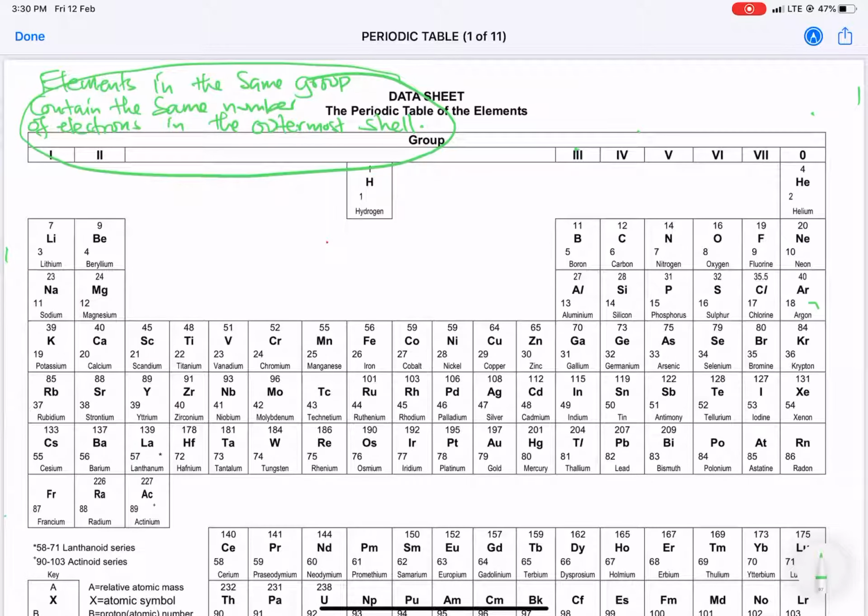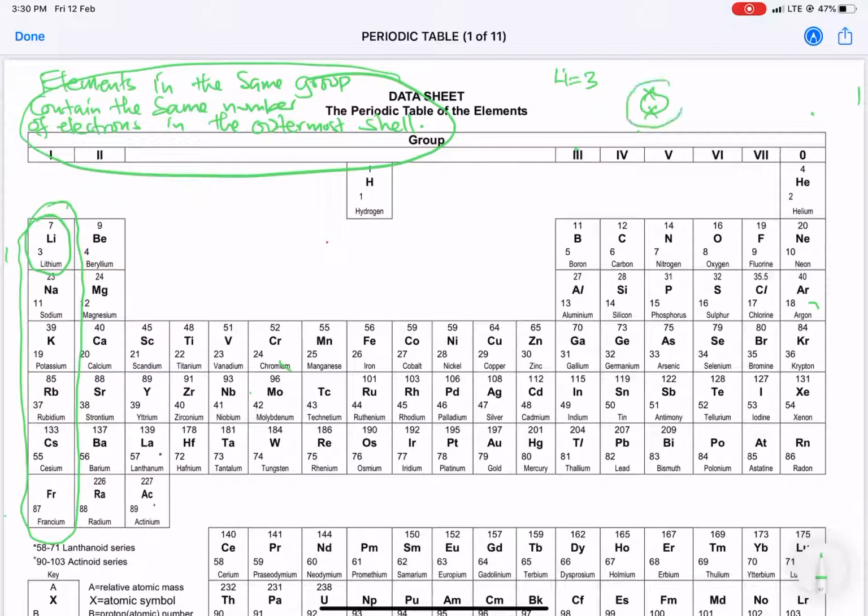For instance, group 1, these are elements in group 1. We have lithium. So lithium, the atomic number is 3. So let us draw the electronic configuration of lithium. So the first shell will have 2.